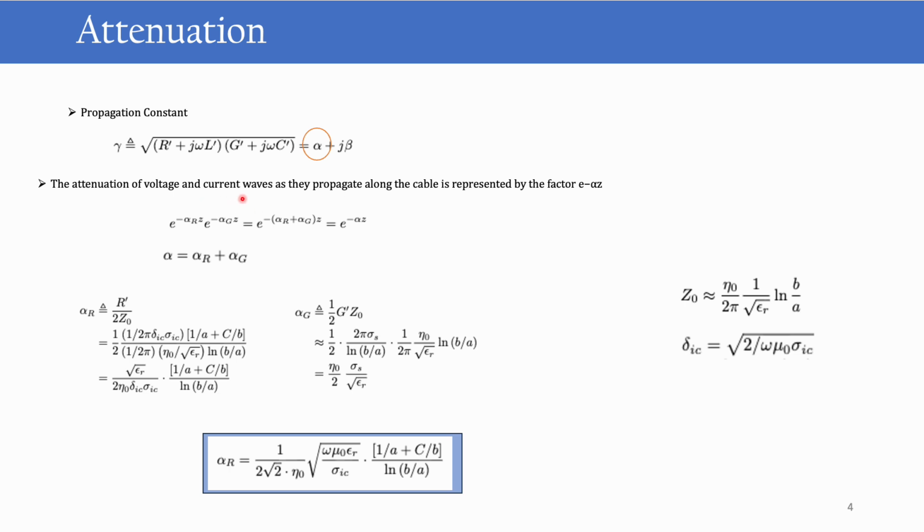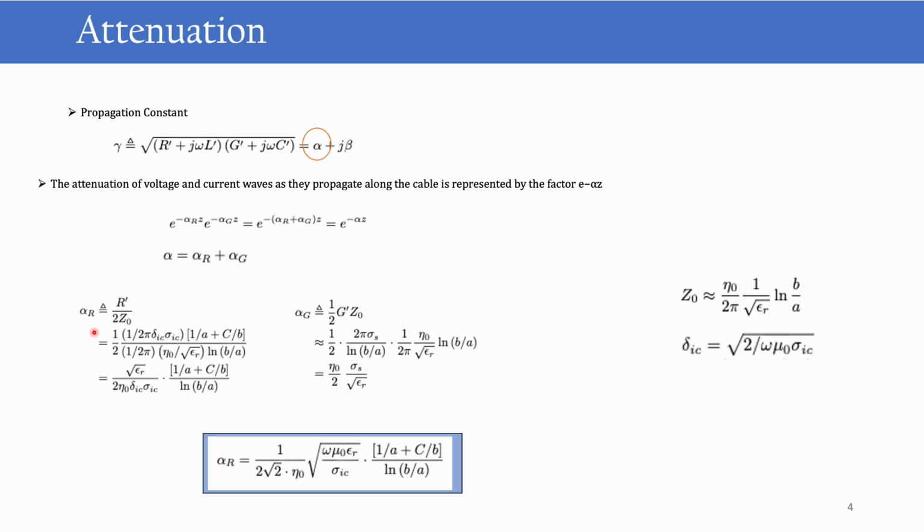will be attenuating by a factor of e raised to minus alpha z, where alpha, that means the attenuation, is contributed by both the resistance component and the conductance component. So the attenuation constant alpha can be given by alpha r plus alpha g, one contributed by the resistance and one contributed by the conductance.